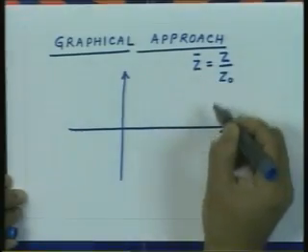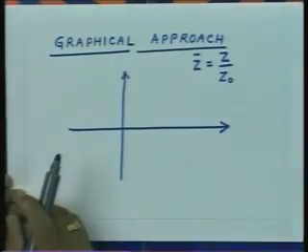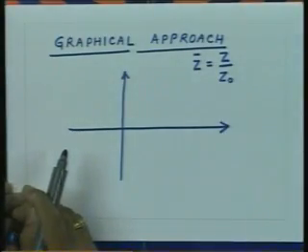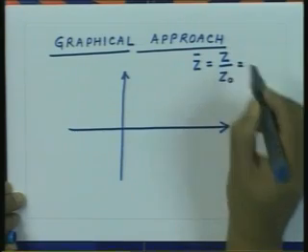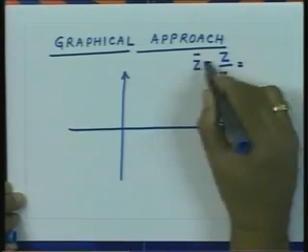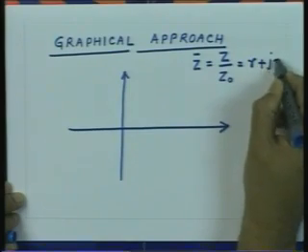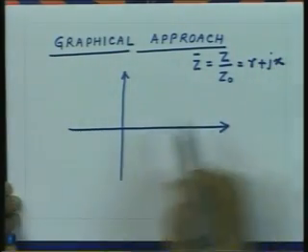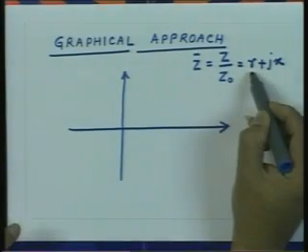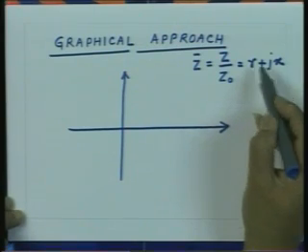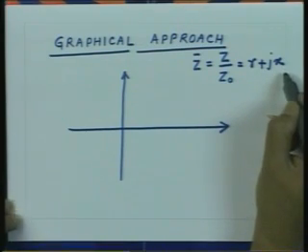Let me write explicitly the real and imaginary parts of the normalized impedance, and let me denote these by small alphabets. So, the normalized impedance is represented by r plus jx, where r represents the resistive part of the normalized impedance and x represents the imaginary part of the normalized impedance.